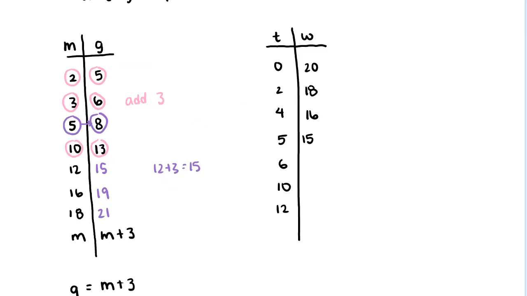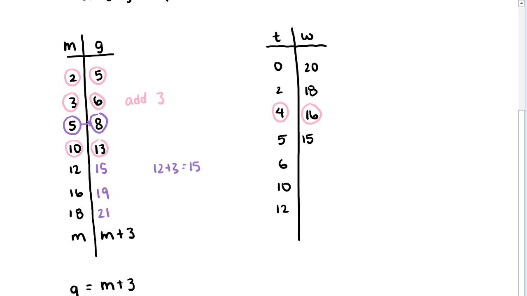So let's take a look at this next table here and try to apply the same ideas. Let's try to find a pattern or a rule for the whole table, fill out the table, and come up with an equation for it. Here, I can look at this pair and try to come up with a rule to get from 4 to 16.